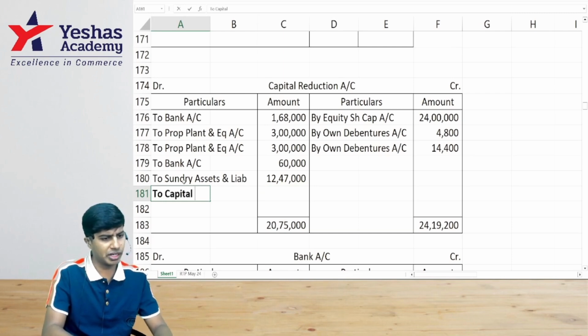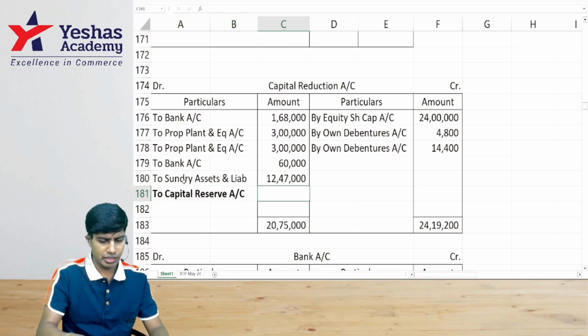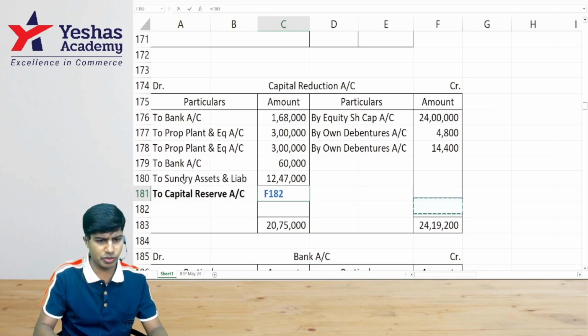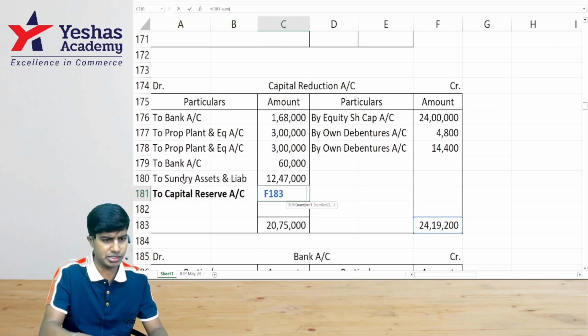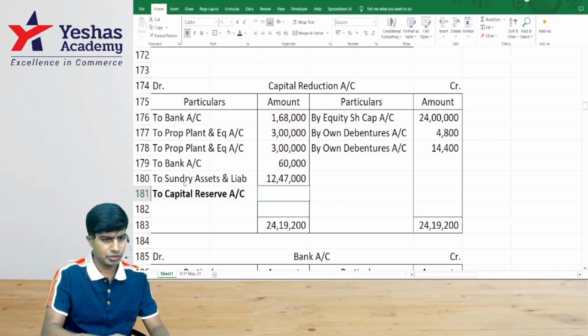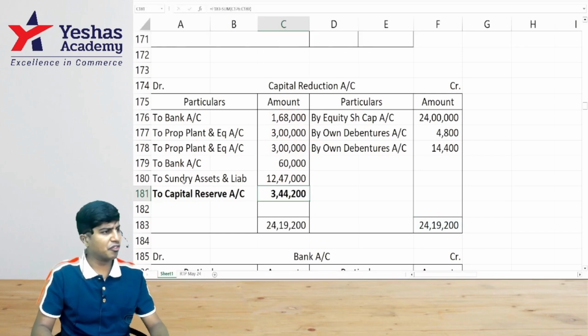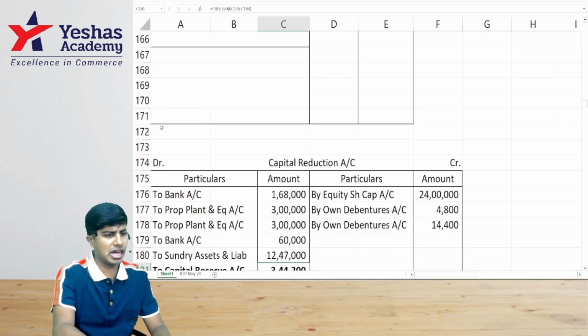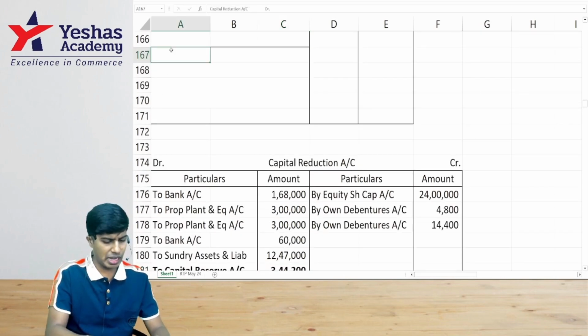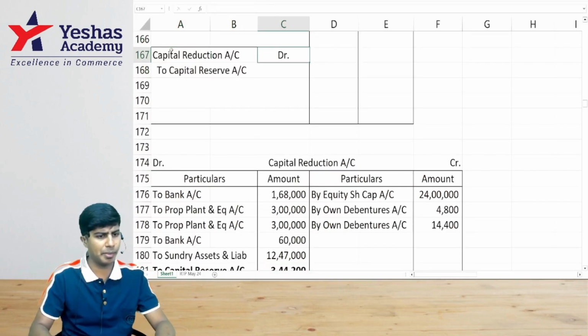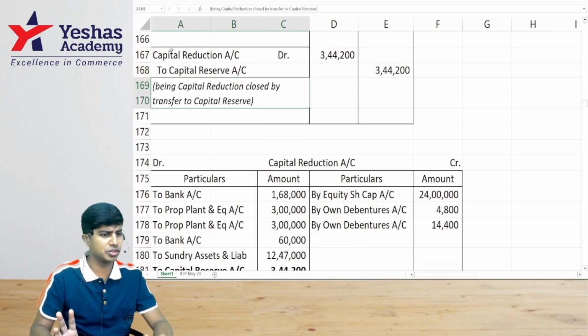Capital reserve will come from the difference. Can I say the capital reserve is 24 lakh 19,200 minus 3,44,200? So the last journal entry here is capital reduction account debit to capital reserve 3,44,200.